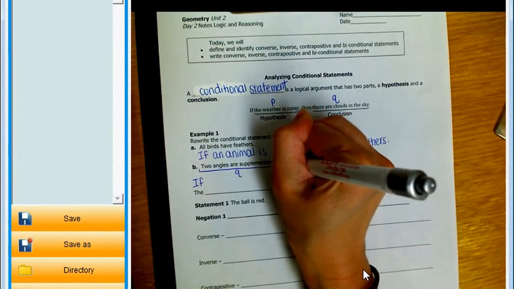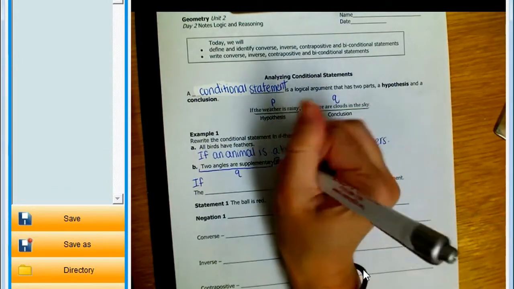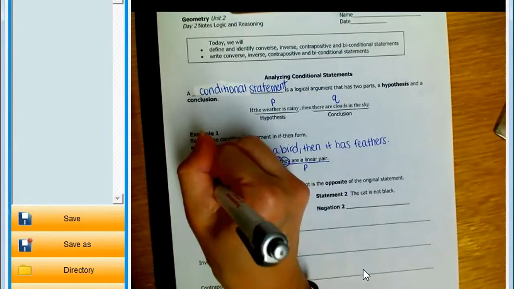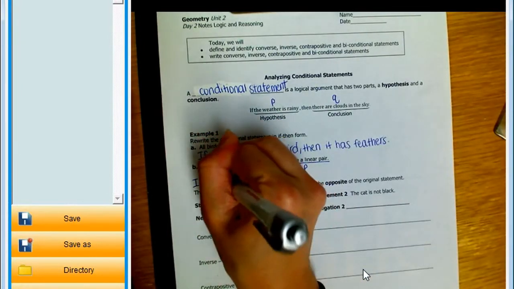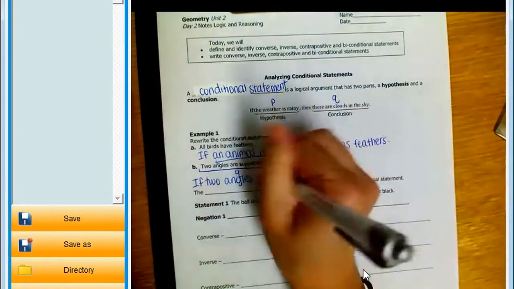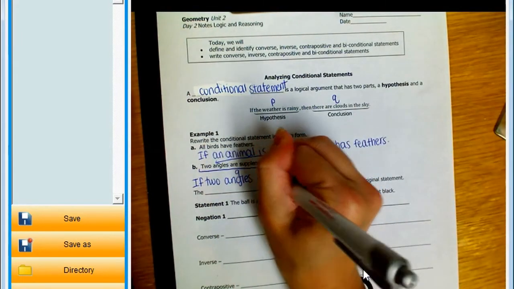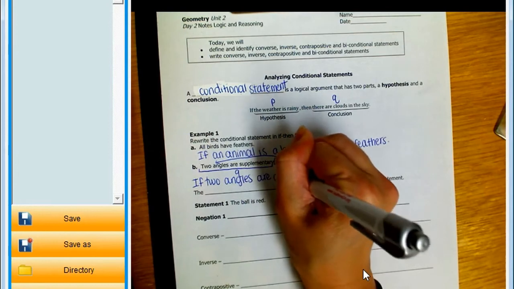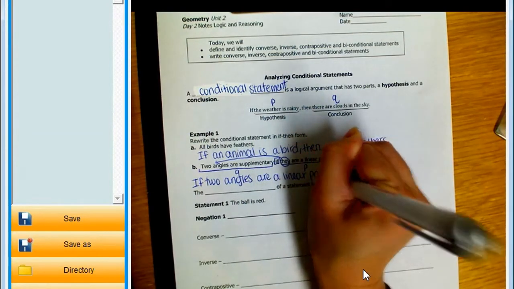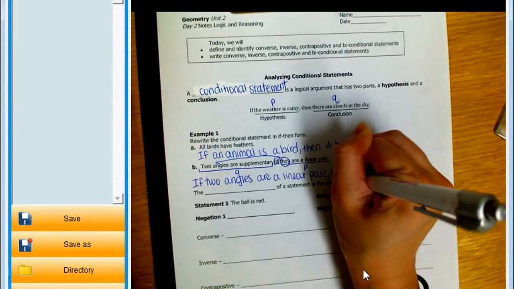Here it says they. We don't know what they is. They is referring to the two angles. So if two angles are a linear pair, then they are supplementary.